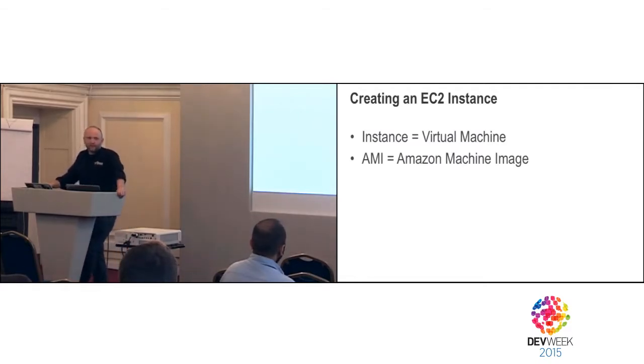And you always launch an instance from an AMI, an Amazon Machine Image. An AMI is a definition of a machine, so it will specify effectively the root volume, an image of the root volume that you want to boot from. So as part of starting the instance, we will create a volume, a file system, and we will image that volume with the root volume that's defined in the AMI, and then launch that instance from that.